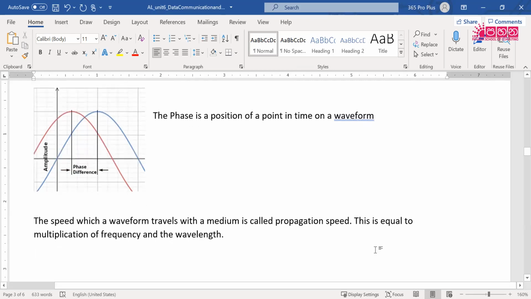You don't need to remember this, but it gives you an idea of how fast a waveform travels from one place to another. Now with that, we will finish discussing the basics.